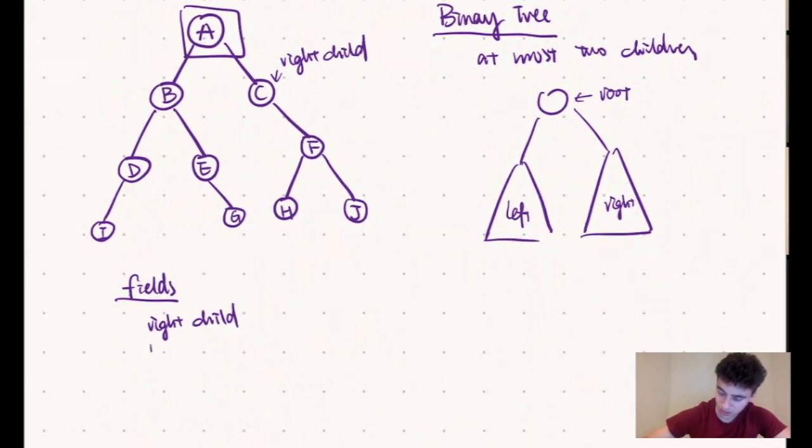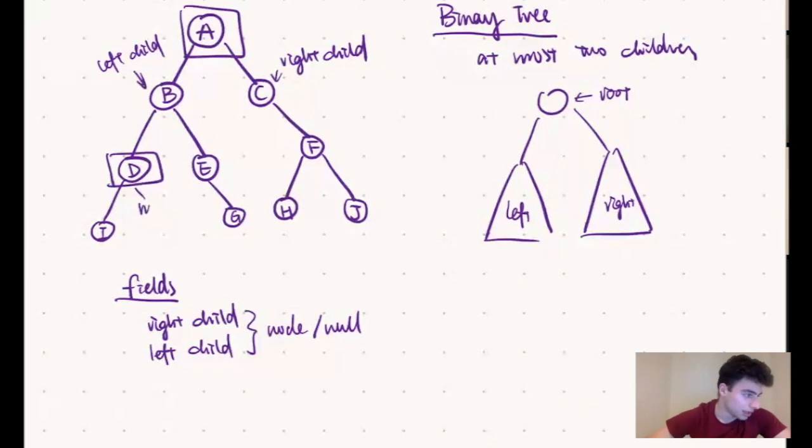The left child of A is B. Now, the right and left children can be either a node or null. So in this example, the right child of D is null, and the left child of E is null.